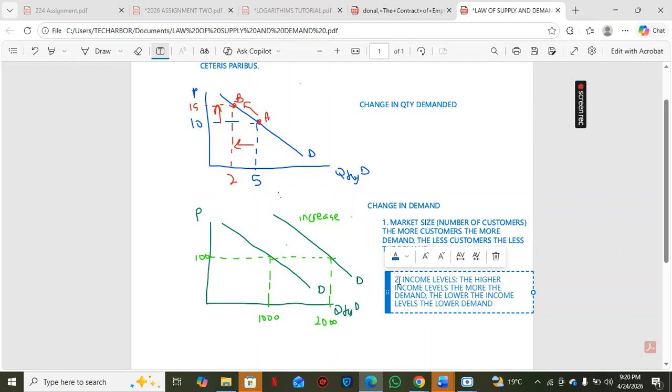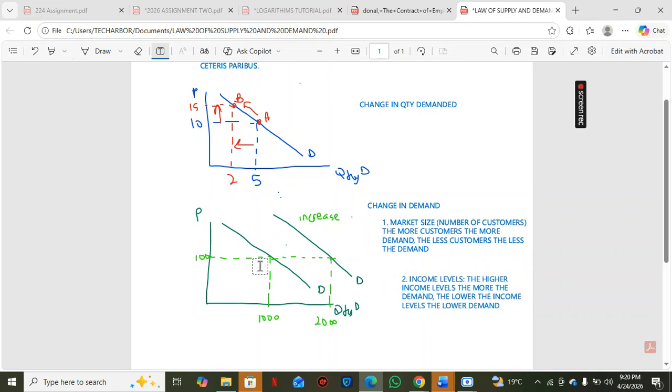Okay. So even here, for example, in this same illustration, where you're selling a good at 100 kwacha and 1,000 units are being bought of this good. Now, let's say in that same area where you're selling this good, people's income doubles. There's a boom in the economy, so people are getting more money now.